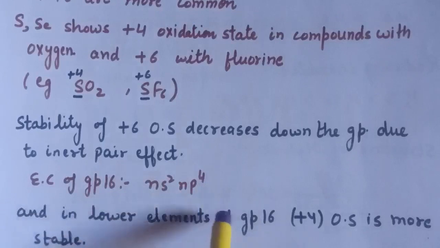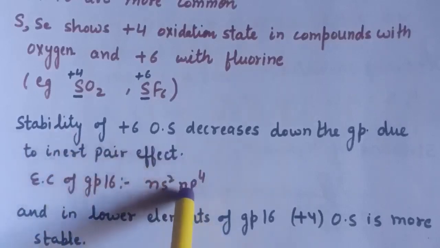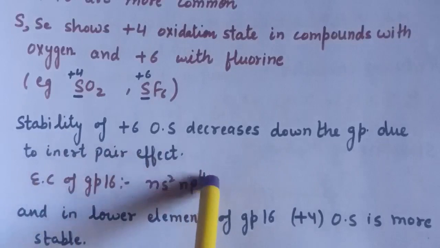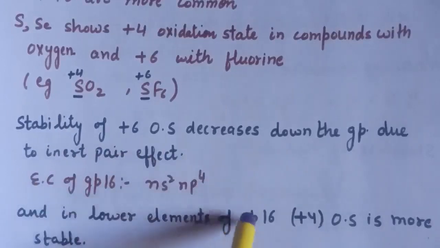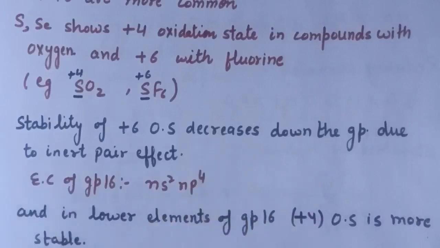In lower elements of group 16, +4 oxidation state is more stable, because due to inert pair effect, only these 4 electrons will participate in the bond formation.